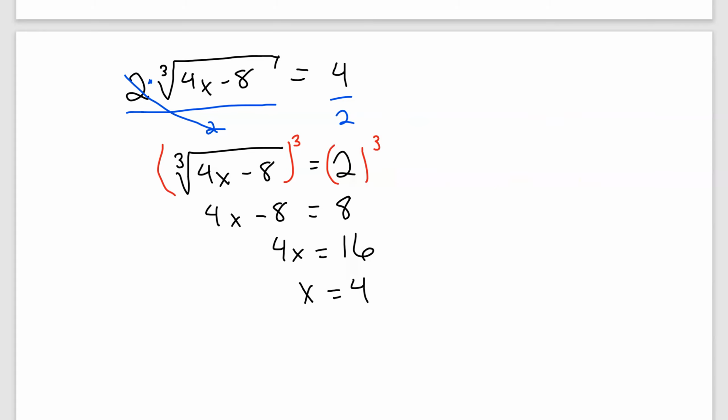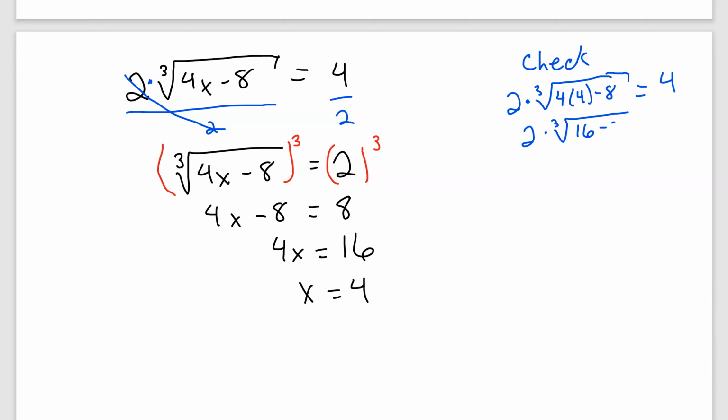Then I go back and I check. And so I have 2 times the cube root of 4 times 4 minus 8 is equal to 4. So 2 times the cube root of 16 minus 8. 16 minus 8 is 8.